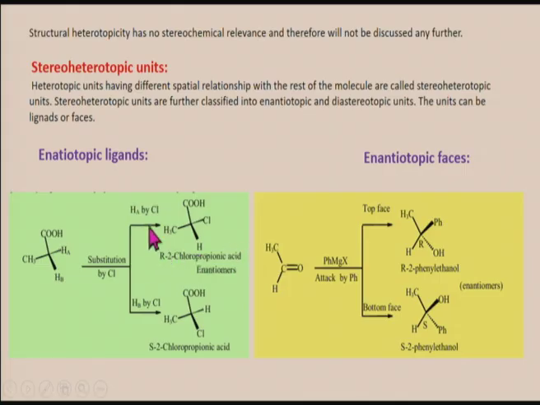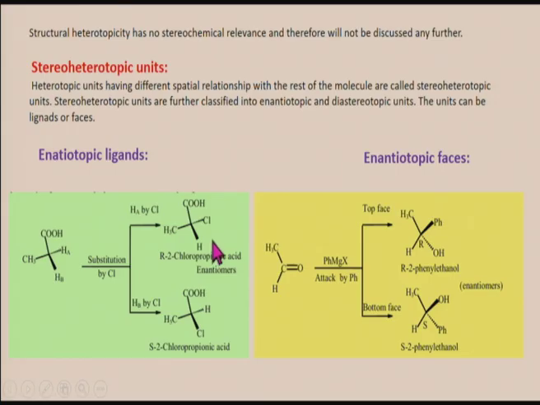Same thing again in the second method, where we replace HB with chlorine. Then we get the S configuration. Previously we got the R configuration and now the S configuration. So, the R and S are both enantiomers here, and we are getting stereoisomers.